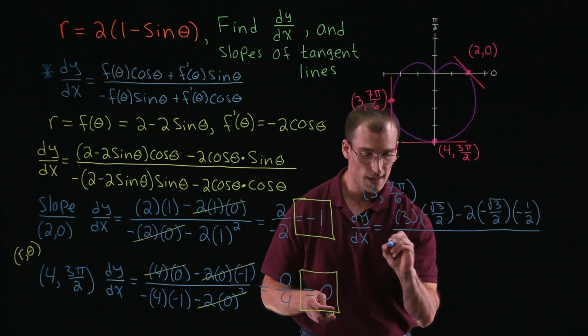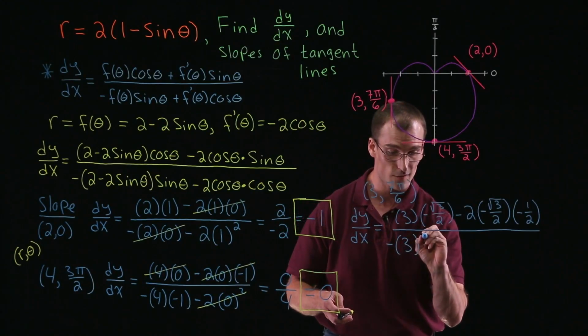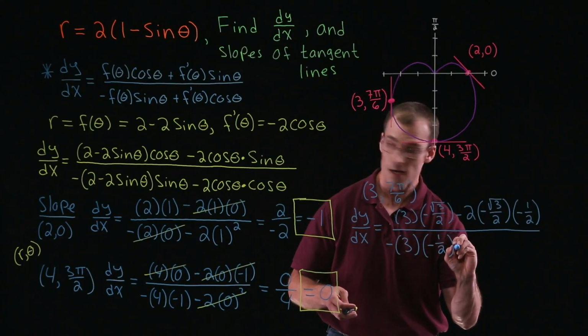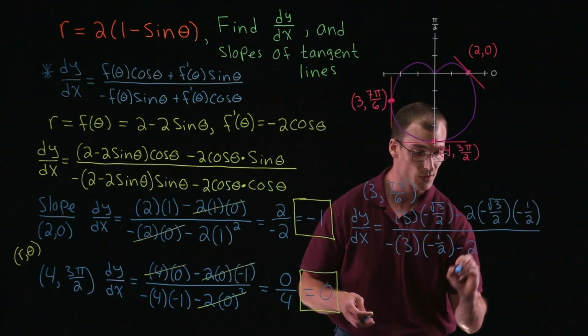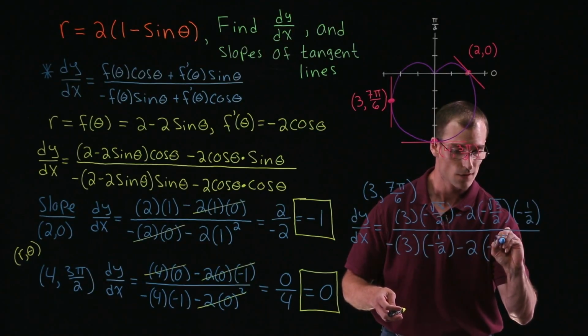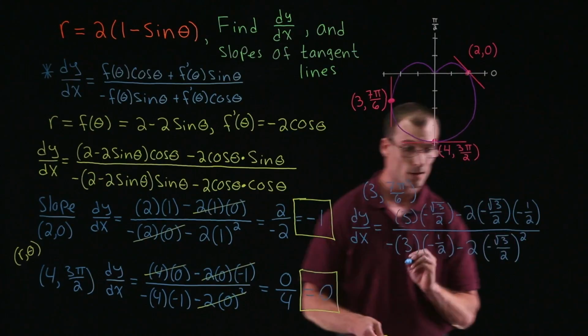And that's all divided by negative r, or negative 3, times sine at 7 pi over 6, or negative 1/2. And then minus 2 times cosine squared, or negative root 3 over 2, say quantity squared.